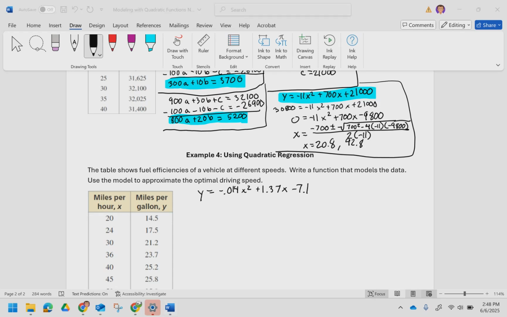All right, so there's our equation. They want us to use this model to find the optimal driving speed. Okay, so if this is a table of miles per gallon, we want the maximum amount of miles per gallon.